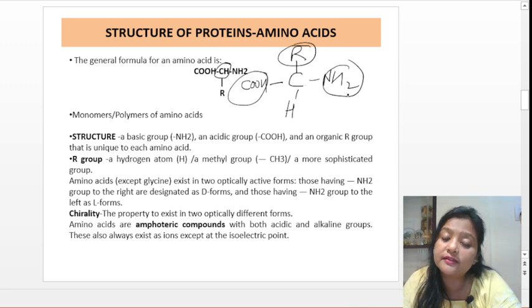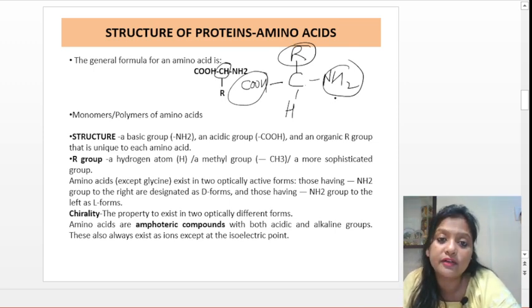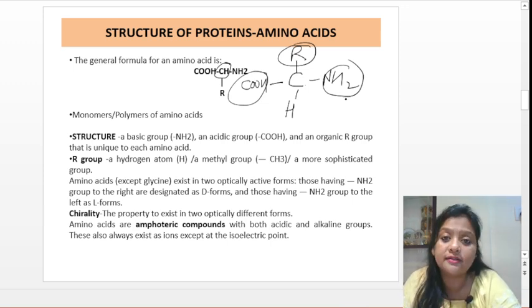Now, similar to what we have seen in carbohydrates, even in proteins, amino acids are normally present in two optically active forms. It can be the L form, or it can be the D form. We have seen the D form, dextro and levo forms, in carbohydrates. Similarly in amino acids, all the amino acids except glycine have these two optical forms.